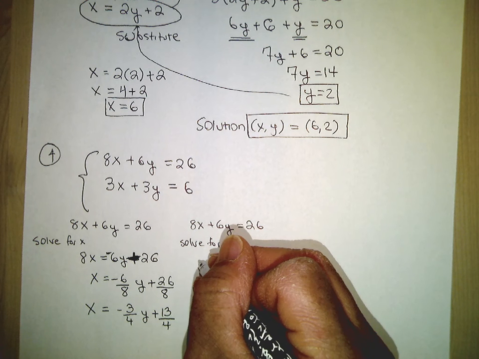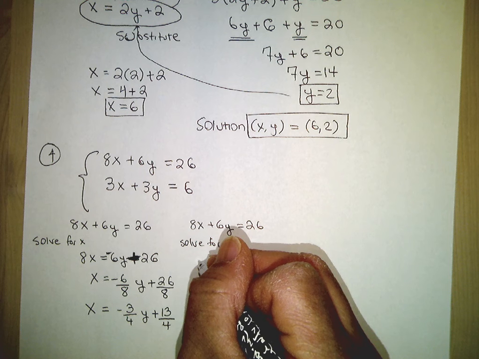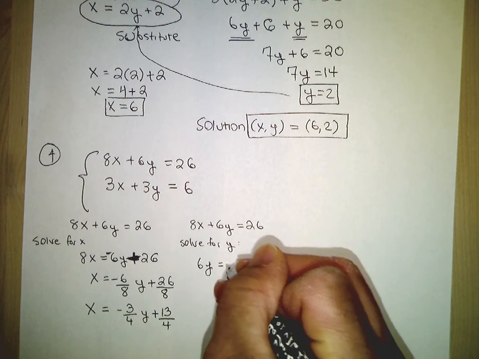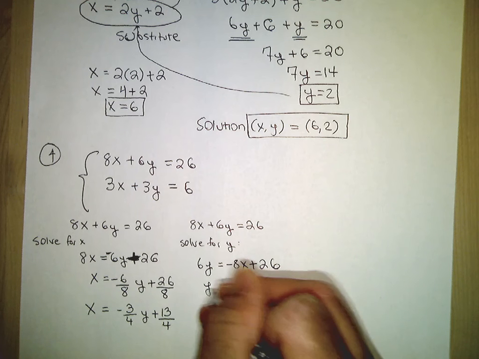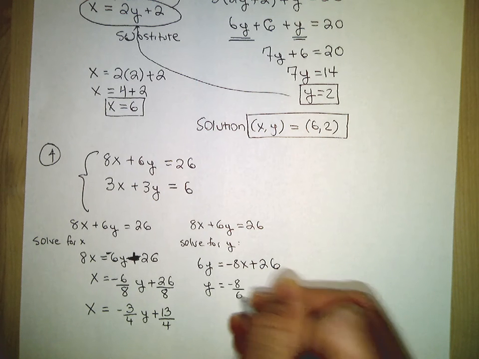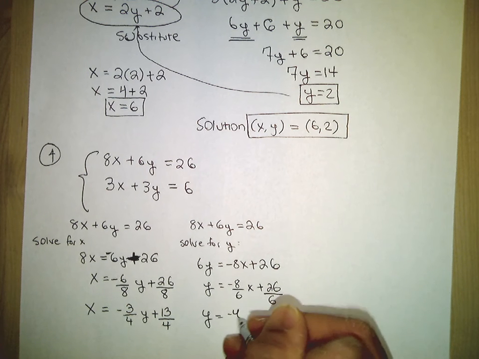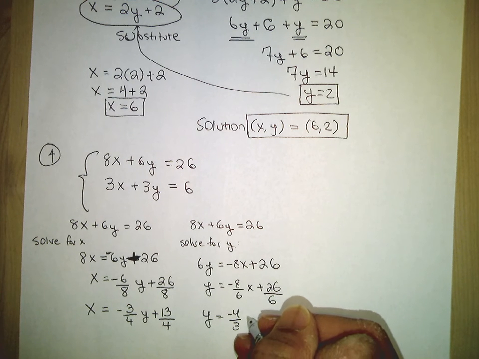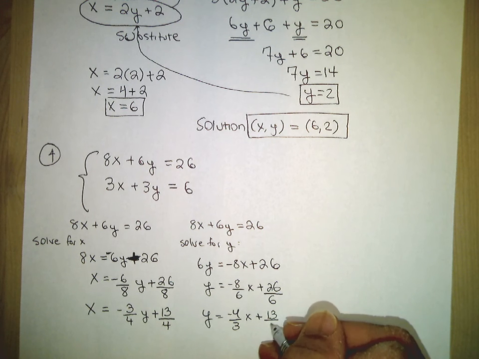So we have, let's see, what do we have? 6y is negative 8x plus 26. Divide by 6. And so y is negative 4 over 3 x plus 13 over 3.